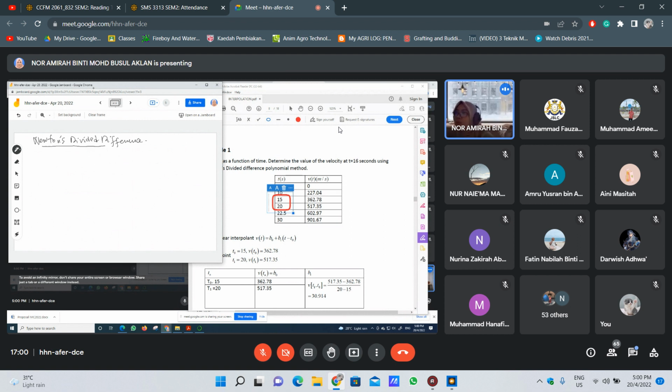Okay. So the first one is the forward. This is still forward. So we have the linear interpolation. So for linear interpolation, we take the value of t naught. First we have 15 and also 20.